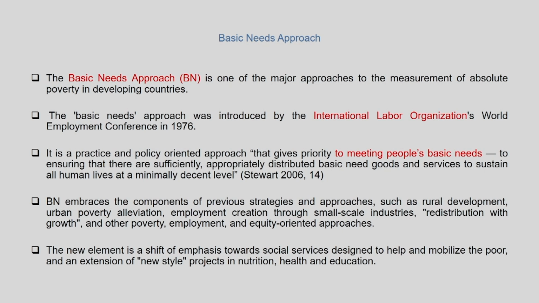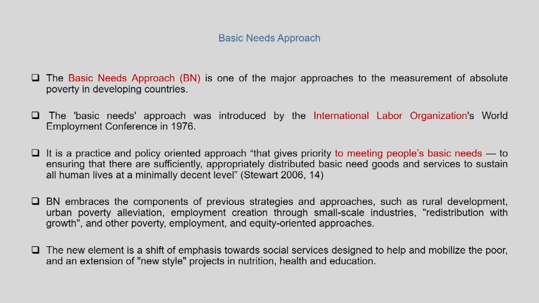So, basic needs embraces the components of previous strategies and approaches such as rural development, urban poverty alleviation, employment creation through small scale industries, redistribution with growth and other poverty, employment and equity oriented approaches. When the basic needs approach was introduced, it was considered to be a new element. The new element is that there is a shift of emphasis towards social services designed to help and mobilize the poor, and an extension of new style projects in nutrition, health and education.